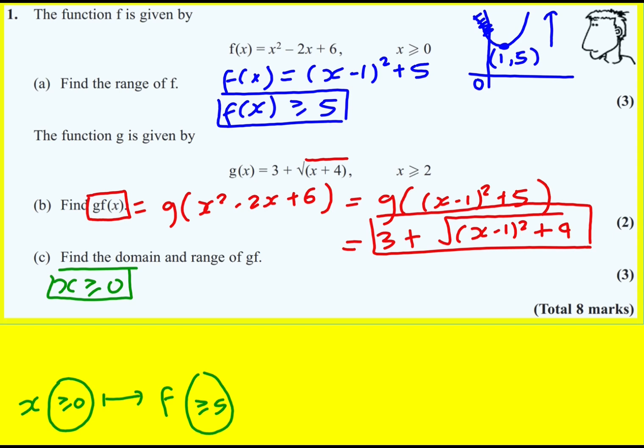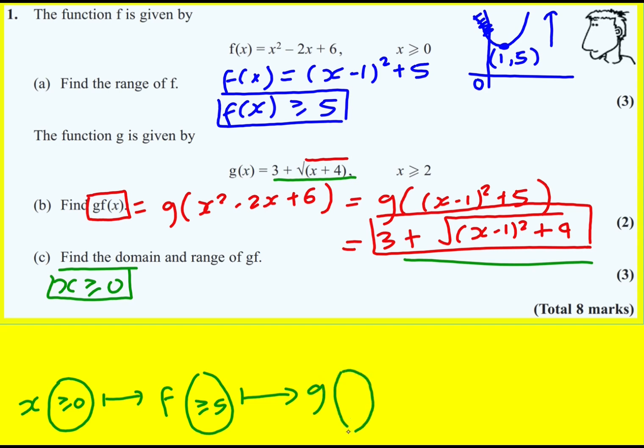Now that's okay because these become the x values in my new function, although this function here rather than this one. And so we need that x is greater or equal to 2, which we have because it's greater or equal to 5. So basically the range of f of x is contained within the domain of g of x, so we're okay. It's just something that you need to check because otherwise the function doesn't exist.